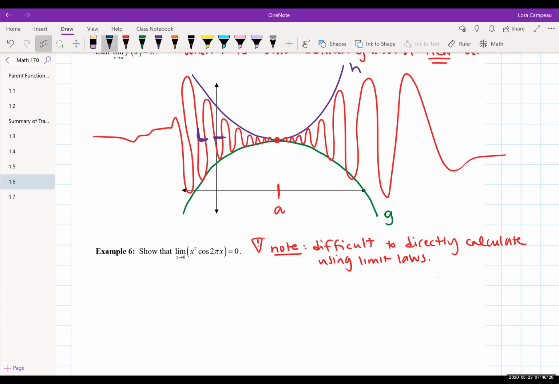Another thing is, when should I invoke the squeeze theorem? One of the hints I have for you is it's typically invoked when you have a bunch of sines or cosines.